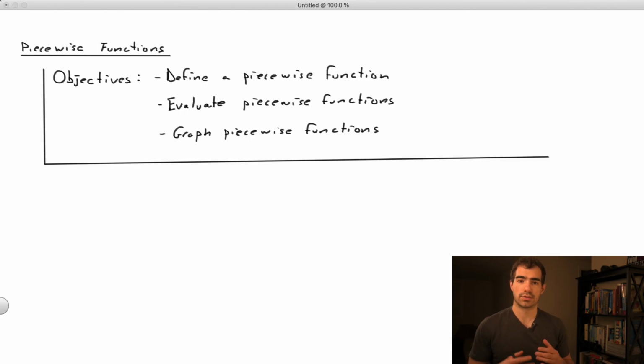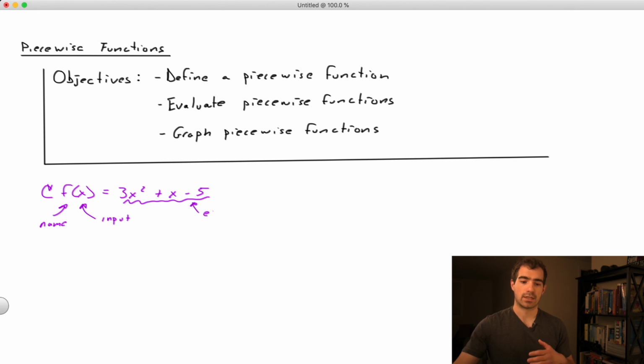So far in introducing functions as equations, we've seen them in the form of just a single expression. So for instance, we may have seen something like f of x equal to 3x squared plus x minus 5, where we have the name of the function on the left, the input in parentheses, and the expression that determines how the input is going to be evaluated, the process that is going to turn the input into the output.